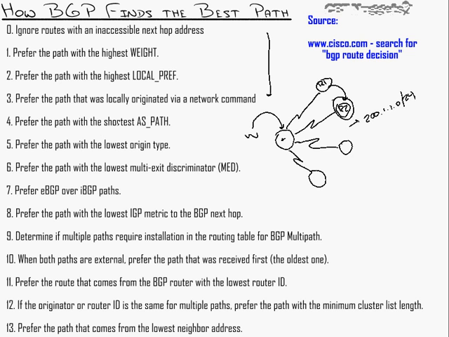Prefer the path with the shortest AS path. This will usually break the tie. Meaning if I am an internet service provider, and I'm receiving routes from all these different upstream internet service providers, well, each of these systems, I should say, have different connections through the internet.